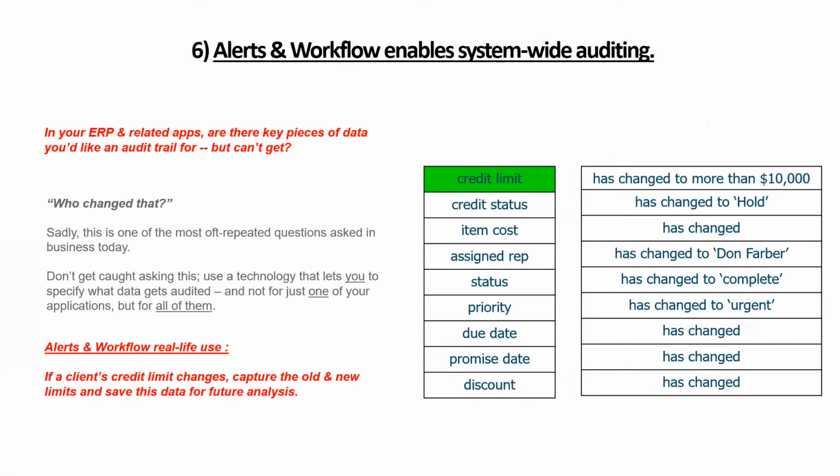And it enables system-wide auditing. So you have your ERP and your related apps, and are there pieces of information that go between the two systems? And so we have the ability to take a look at things like credit limits that might be in your CRM system, but not your ERP system, or vice versa, and pass information back and forth.